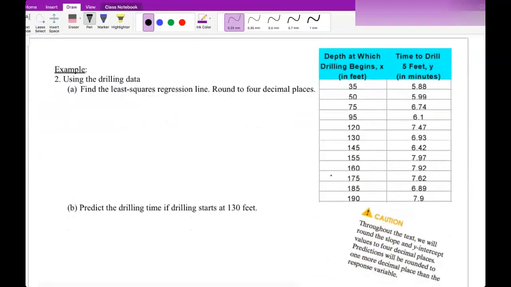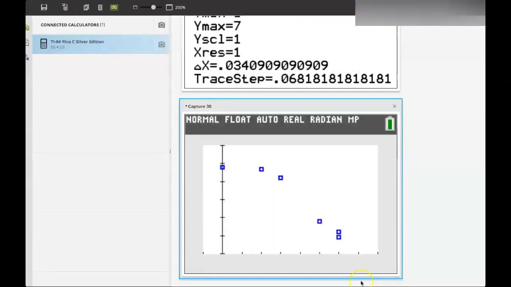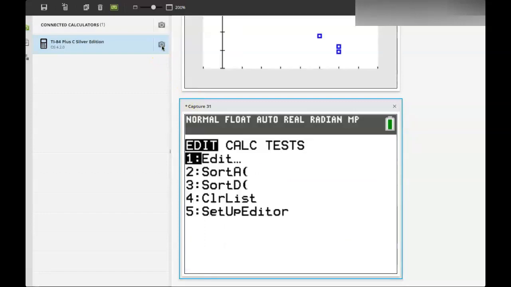Okay, now example, using the drilling data, part A, find the least square regression line. So first, using TI-84, we should enter all these data. So press Stat, Edit, Enter.